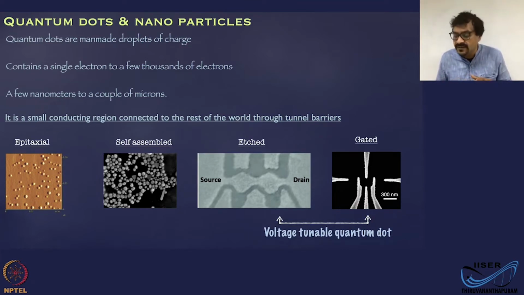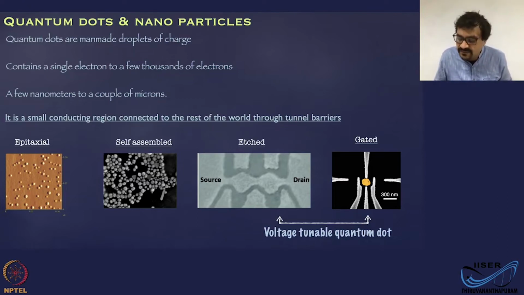Another way to define quantum dots is by electrostatic gating. Here, just as we discussed in one of the previous modules, you deposit gates on a two-dimensional electron system such as a two-dimensional electron gas and apply voltages on those gates, and these voltages will confine electrons in a small region in between these gates. You can tune the size and shape of this conducting region by tuning the voltages on these gates.